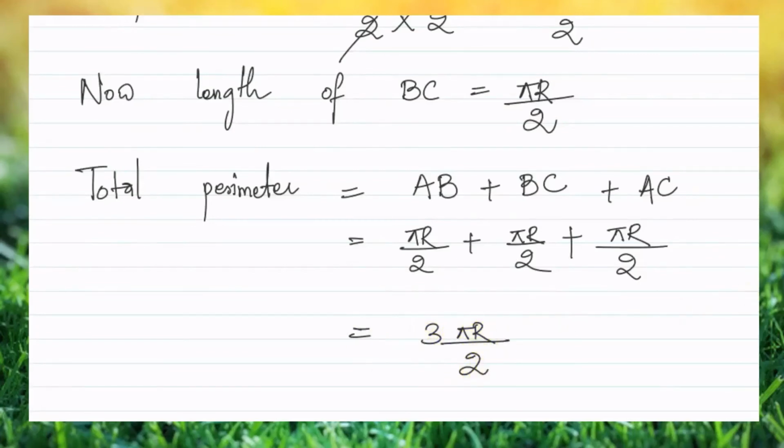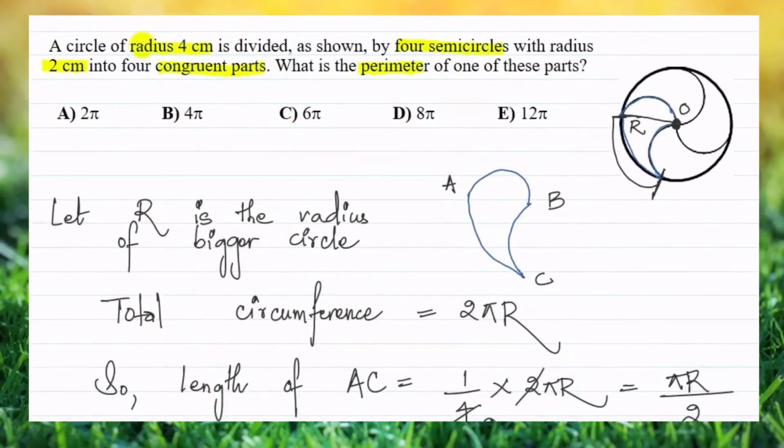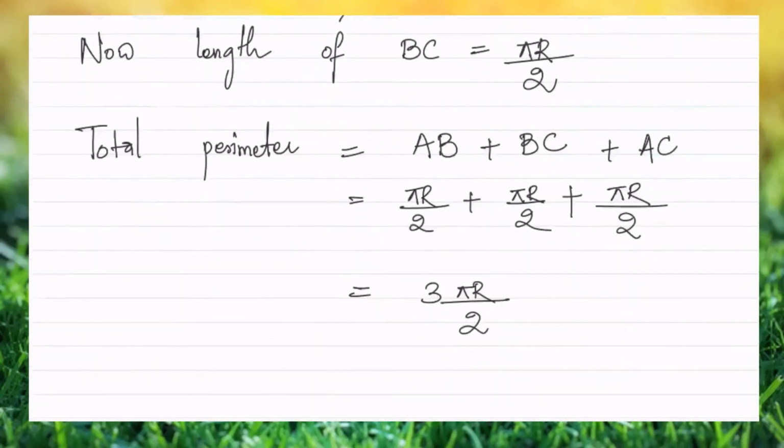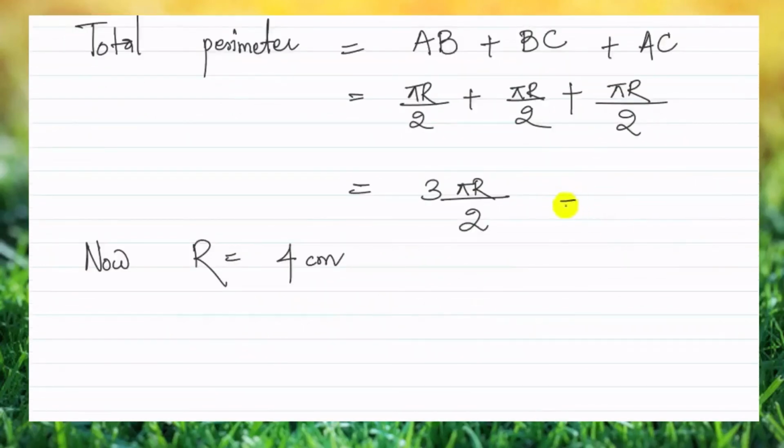Now the radius of the bigger circle is given to us: the circle has radius 4 centimeters. So R is equal to 4 centimeters. Let us put that in. We get 3 pi into 4 by 2, so 2 twos are 4, and that means I get 6 pi.